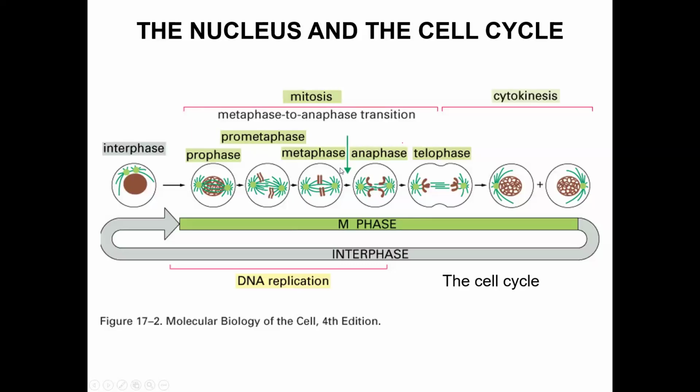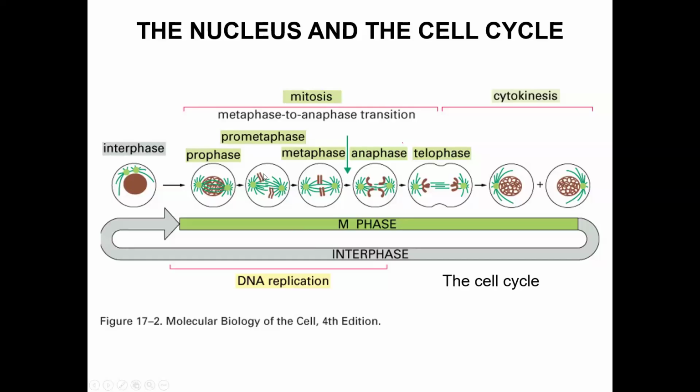Now you know that the nucleus disappears actually during mitosis when the mitotic spindle forms. The centrosomes duplicate and they migrate to the opposite poles of the nucleus that is disintegrated.